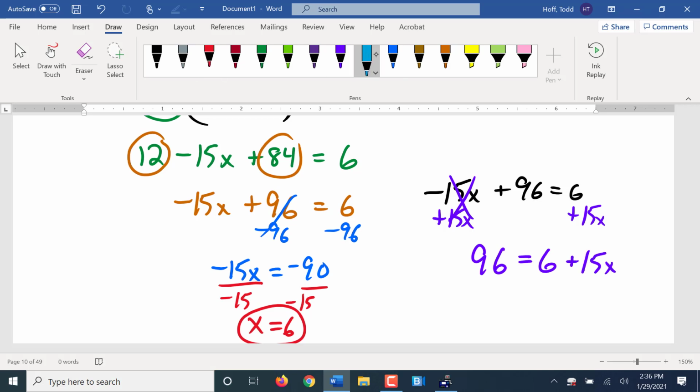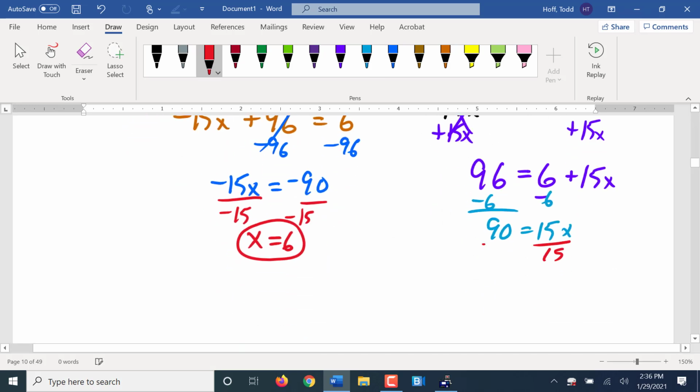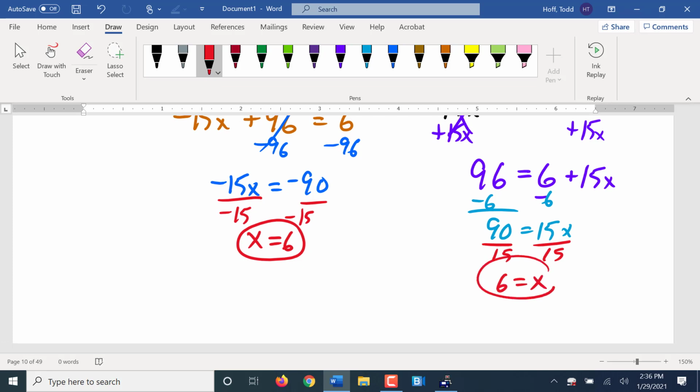Now we would subtract 6. 90 equals 15x. And then divide by 15. You got it. So we still get 6 equals x, or x equals 6. This maybe took an extra step or so, but again, if you don't like working with the negatives, that is a good way to do it, to make sure you're not working with negatives.